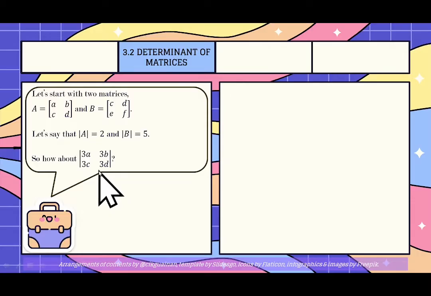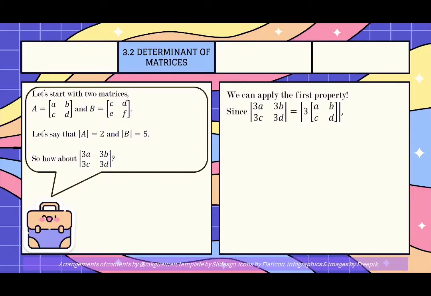So, we can factor the number out of the determinant. We can apply the first property. As we can see over here, we can factor out the 3 out of the matrix. When the 3 is out here, we get A, B, C, D, which is a matrix A.